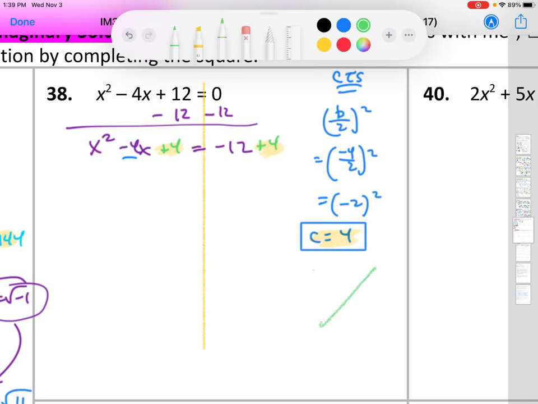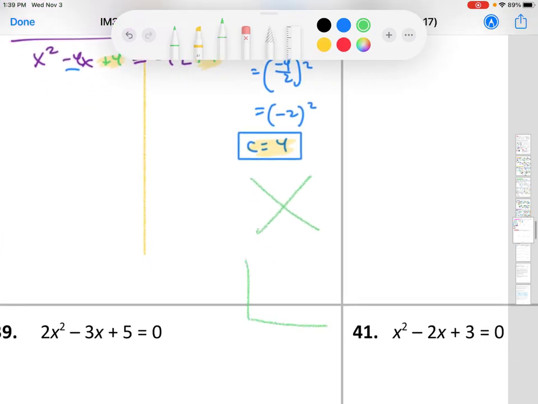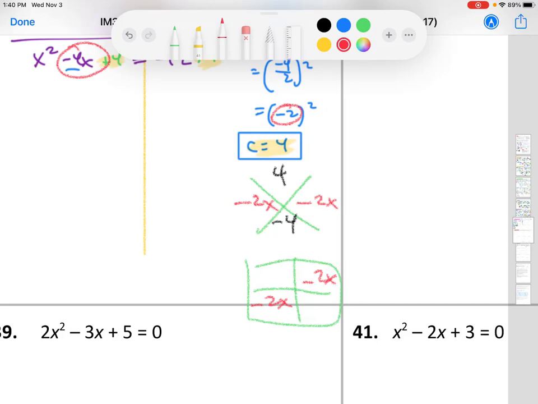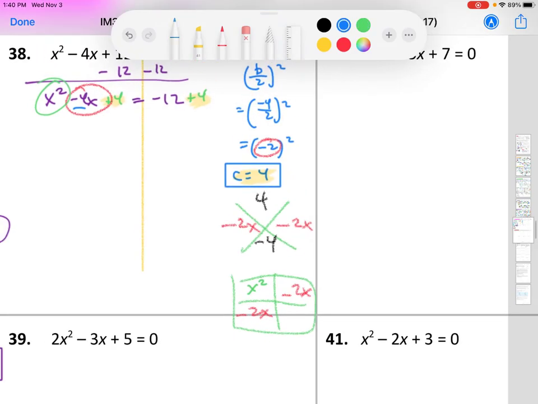And if I factor the left side, a times c is 4, my b value is negative 4, my two numbers are going to be negative 2 and negative 2. We're going to split these right here. You have x squared and 4.